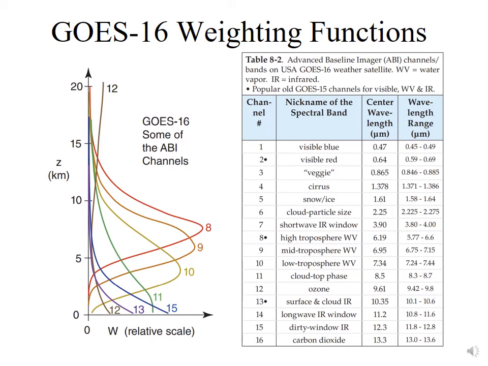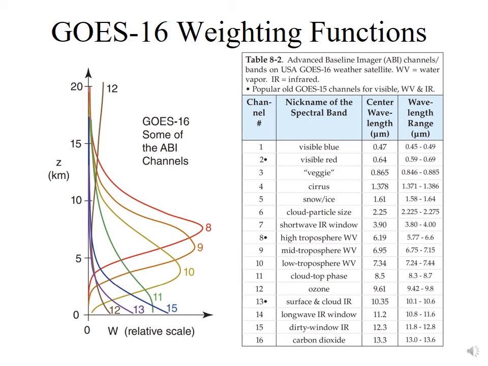The weighting function is such that it's sensitive to water vapor between about 4 to 14 kilometers, but the peak sensitivity is at an altitude of about 7 or 8 kilometers. And so we refer to channel 8 as a high tropospheric water vapor channel.